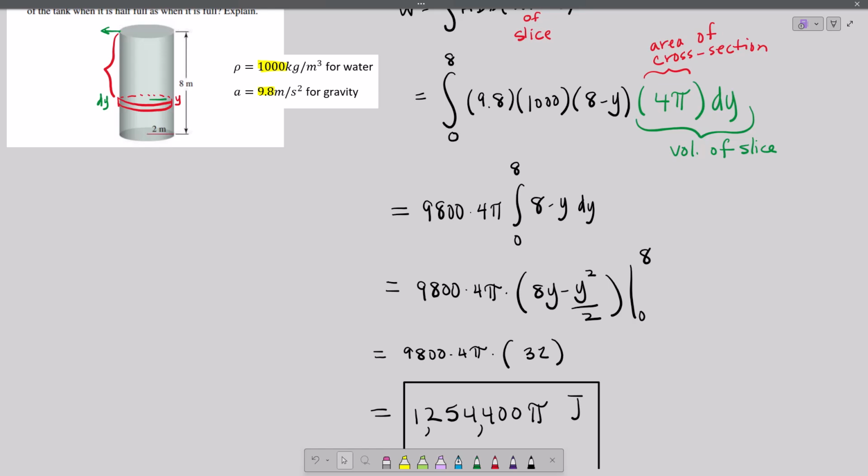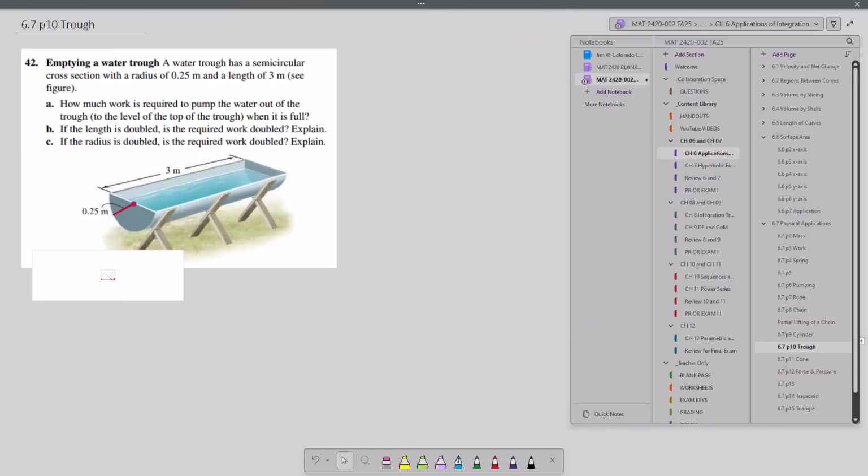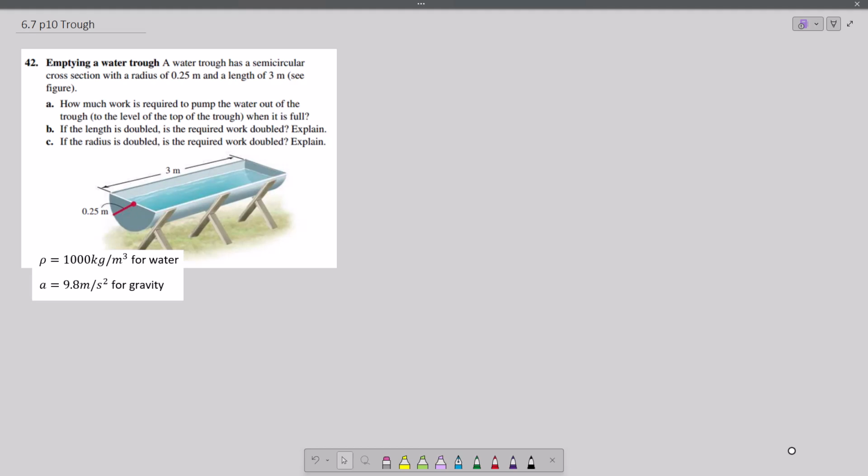Now this one was particularly easy because each cross-section had the same area. If we have a different shaped tank, like the dreaded trough, we're going to have a different scenario here. Do you see that the cross sections are rectangles of varying area? So let's draw the face of this trough over here.